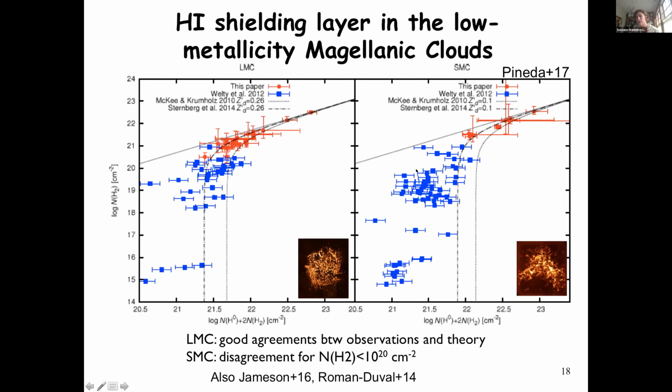Low metallicity galaxies, where shielding requires a much larger column of gas, are still not understood theoretically well. Future high resolution work will really help us constrain what's happening at low metallicity.